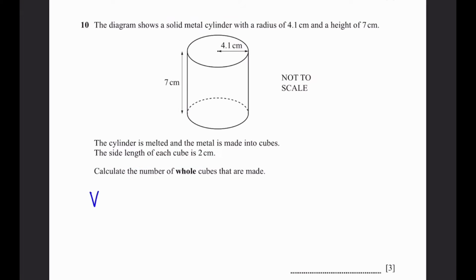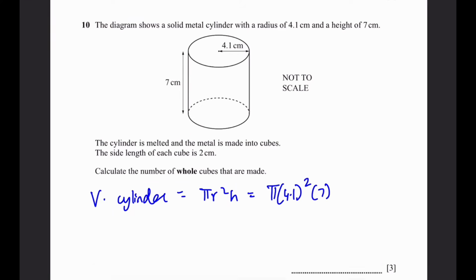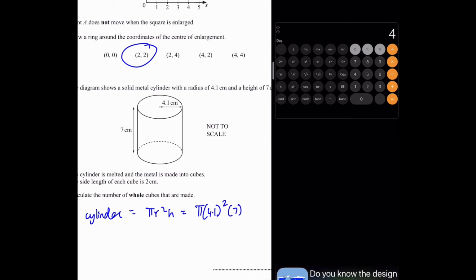So the volume of the cylinder is equal to pi r squared h, which is pi times 4.1 squared times 7. And using our calculator, we can find out that this is going to be equal to 369.67 centimeters cubed.